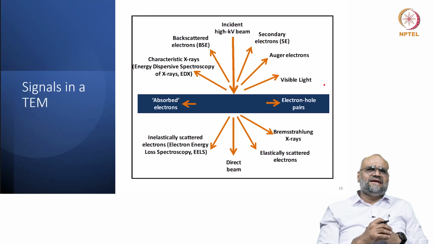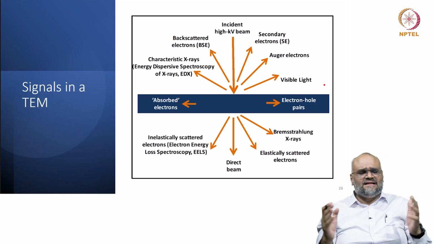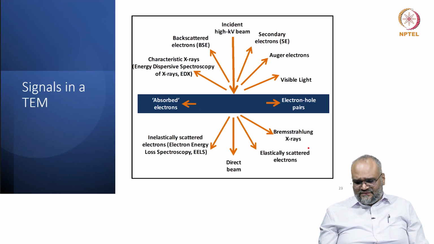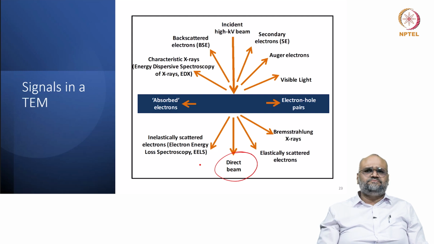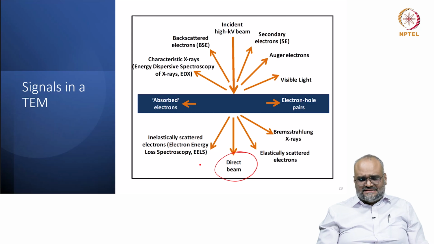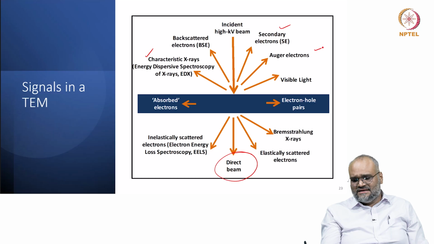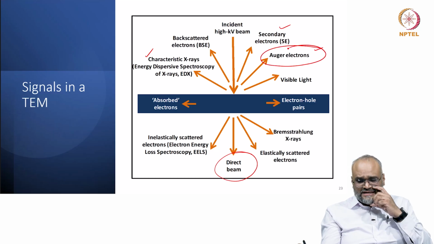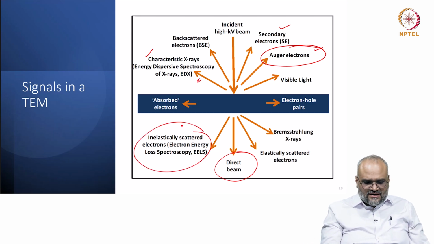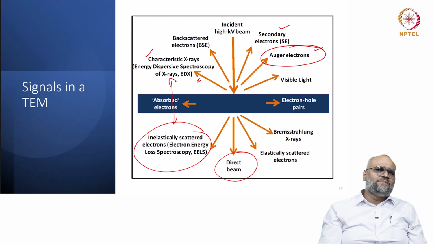Broadly, you can classify these as the elastic signal or the inelastic signal. And from the elastic signal, you are largely looking at most of the imaging, or diffraction I should say, that is done in the TEM. From the inelastic signal that is coming, like the characteristic X-rays, the secondary electrons or the Auger electrons, the secondary and Auger electrons are primarily suited to SEM, but with the help of characteristic X-rays and the inelastically scattered electrons, you can do chemical fingerprinting and also understand the functional properties of a material.